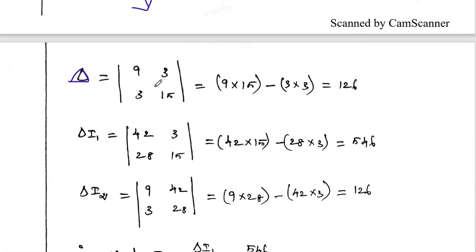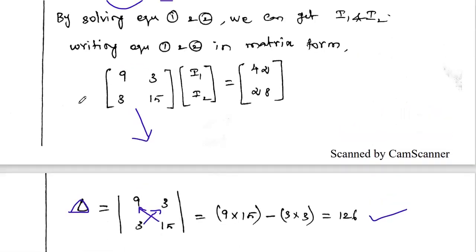You multiply 9 and 15, then minus the product of the other two diagonal terms, 3 into 3. So 9 into 15 minus 3 into 3. If you calculate, we get 126. This is the determinant value of the coefficient matrix.